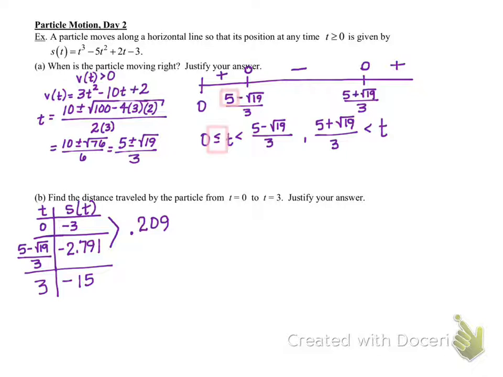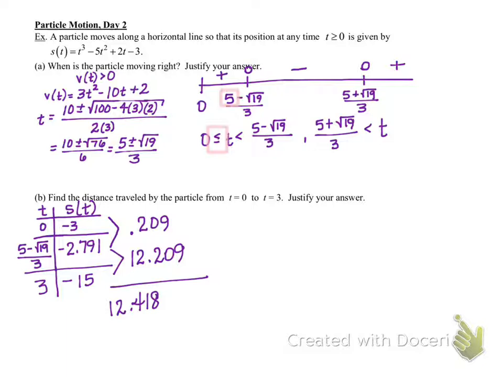The distance between negative 2.791 and negative 15, that distance is 12.209. The total distance traveled will be 12.418, or 12 and 418 thousandths.